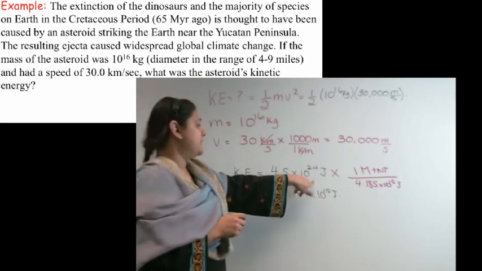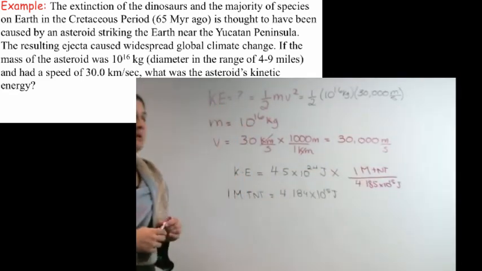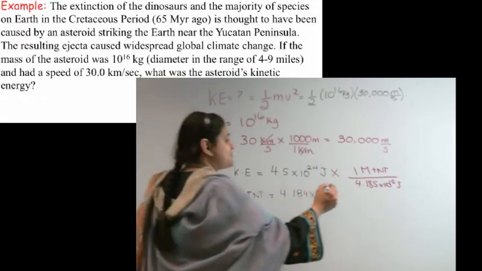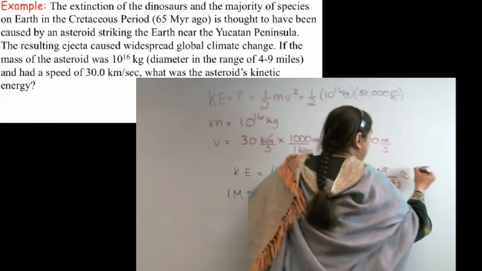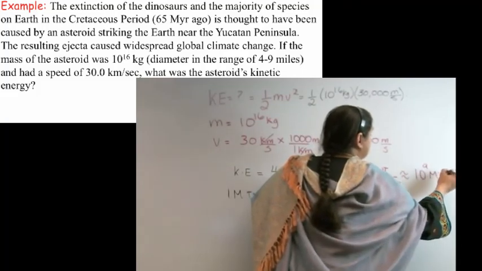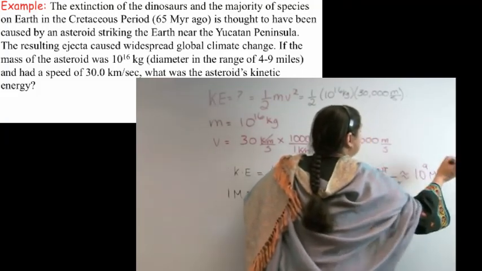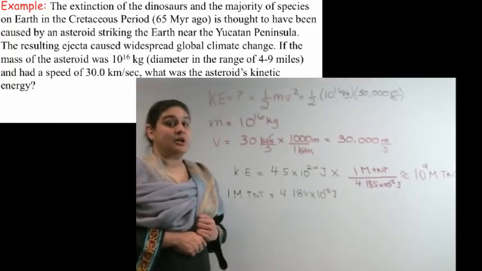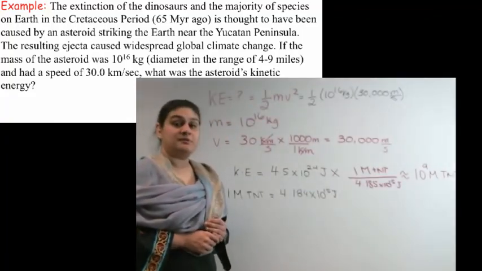So go ahead, put it into your calculator and calculate for megatons of energy. My answer comes out to be approximately 10 to the power 9 megatons of TNT, which is a really, really large number when you think about it.